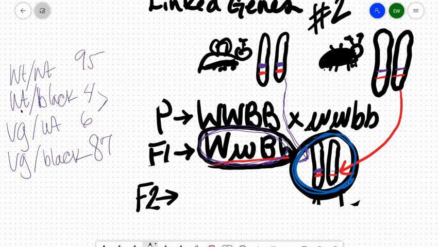And these are the ones where we actually saw a little bit of crossing over. Now, sometimes you will see this number be a little bit smaller because it is recessive. So if they got one chromosome from one parent that was the dominant, it would win out. Okay. I hope that makes sense.